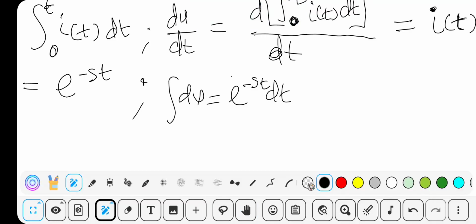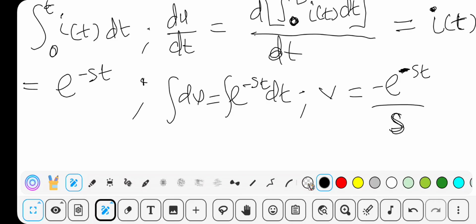Integrating both sides, this will give us v equal to minus e^(-st) all over s. Just divide the power of the exponent for integration, and divide by the original coefficient.